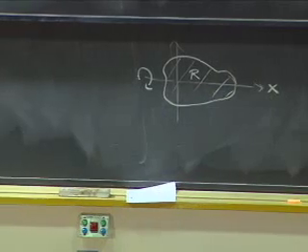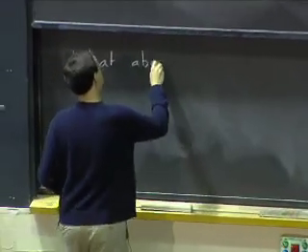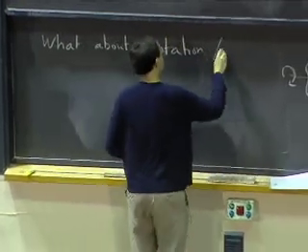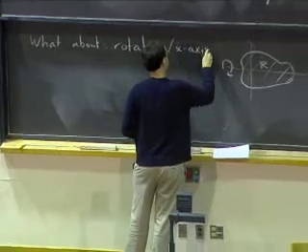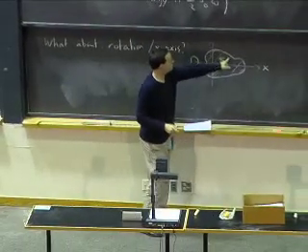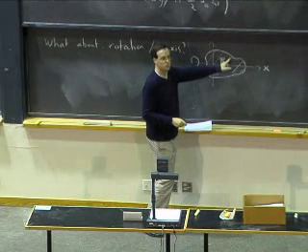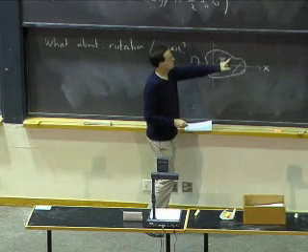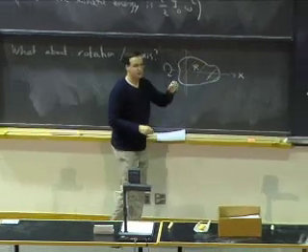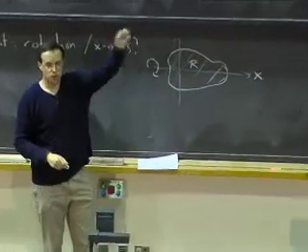So let's say we do rotation about the x-axis. Well, the idea would still be the same. The moment of inertia for any small piece of the solid would be its mass element times the square of the distance to the axis, because that will be the radius of the trajectory.